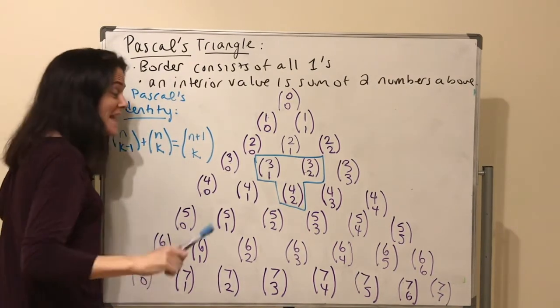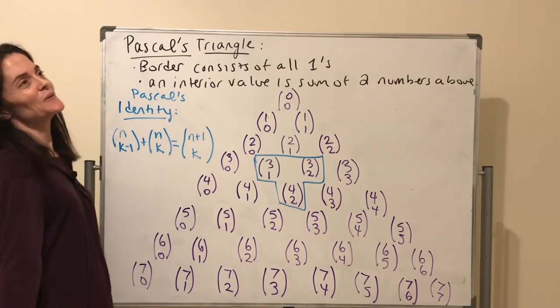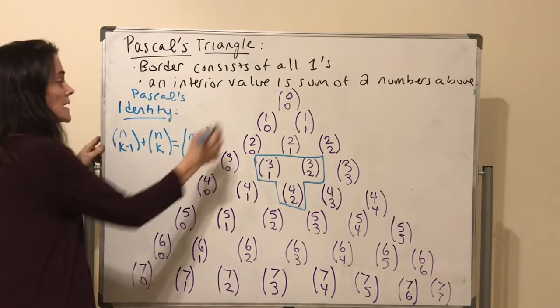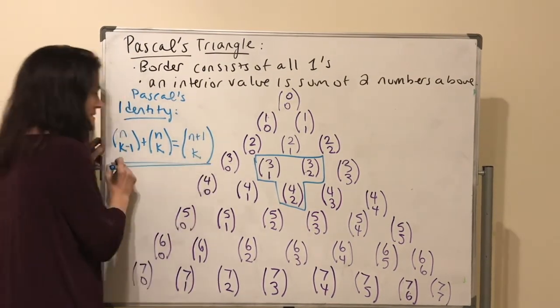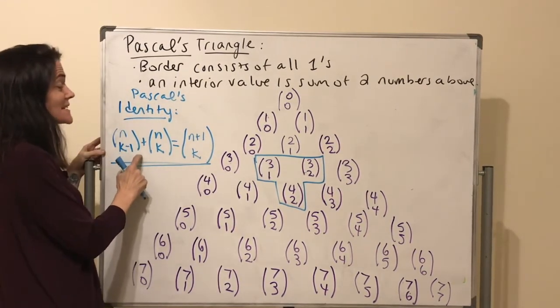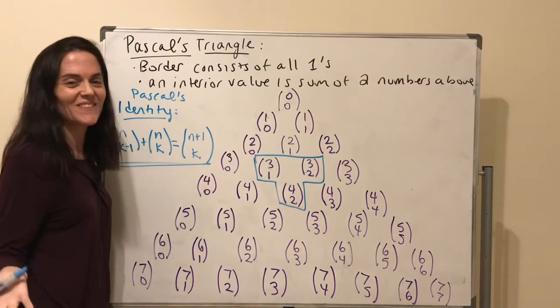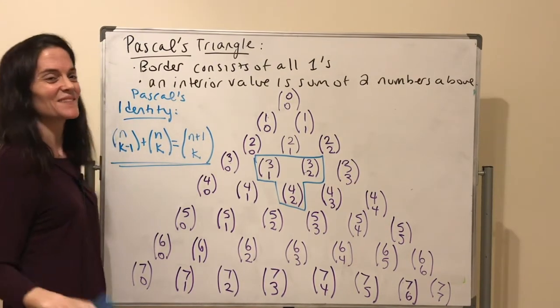It's what really makes this with the purple the same thing that we saw with the blue. The triangle is using borders all ones and this Pascal's identity. And we will prove Pascal's identity next time. It will be a combinatorial proof that we do in our very next lesson.